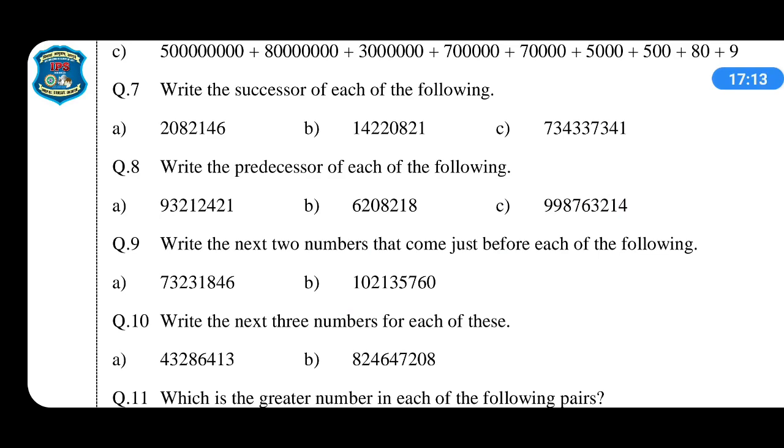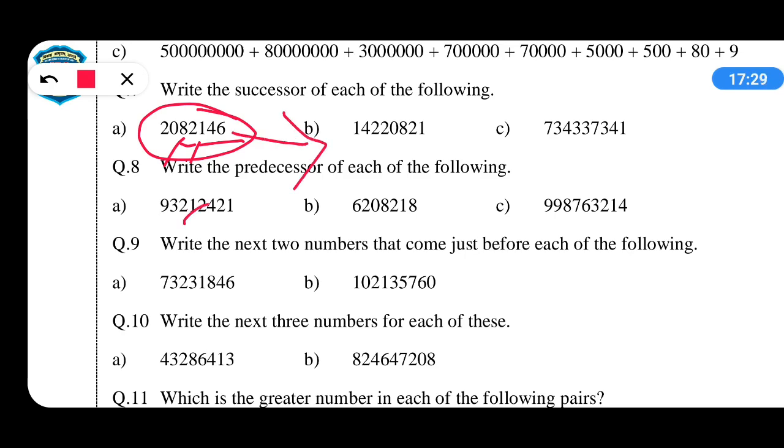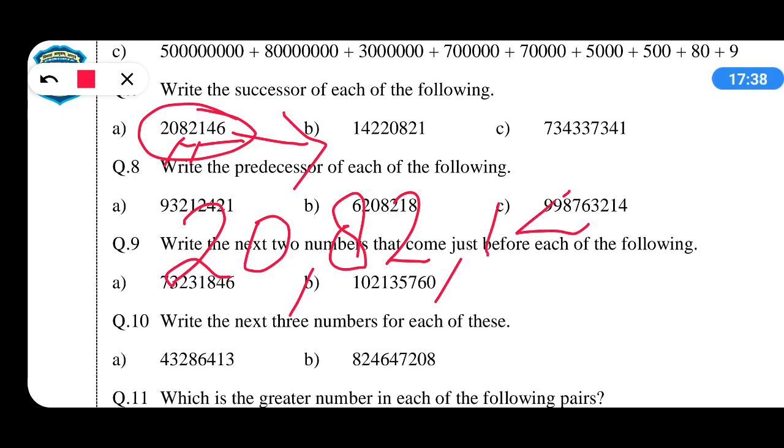Got it? So the number is, see this number, this is 20 lakh 82,146. What is the successor? When you add 1, you will get 20 lakh 82,000 and 100, yes, 147. 147.